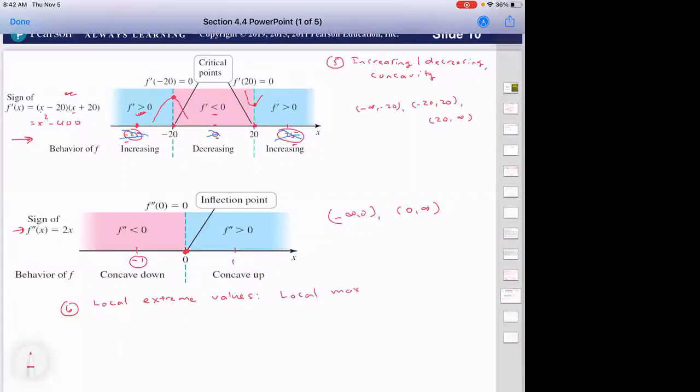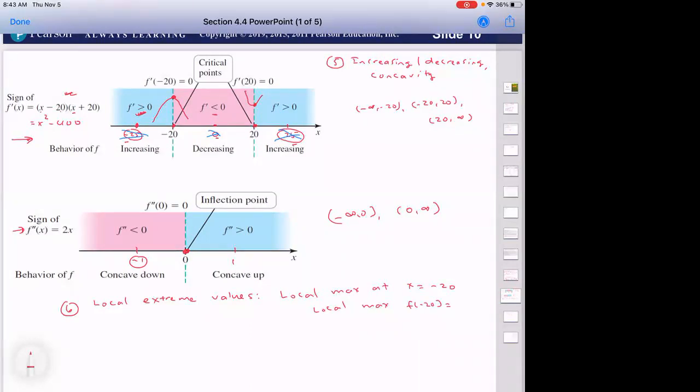Local max. Again, -20 itself is not the local max or local min value. That's the place where the function has the local max value. So you have to find the local max value. Just plug in -20 for x in the original function and find the value.